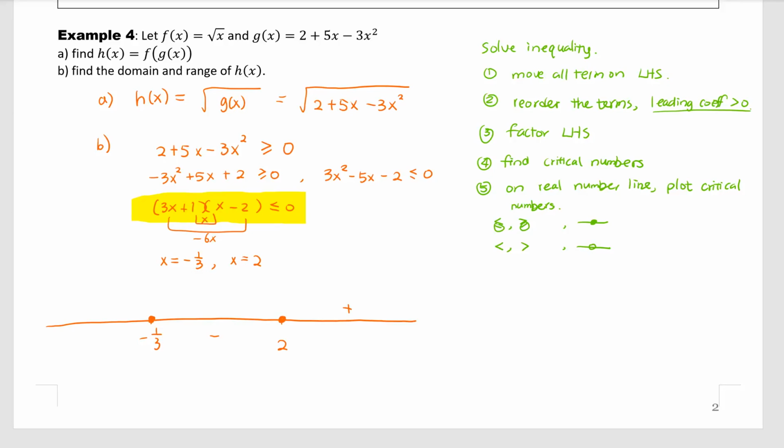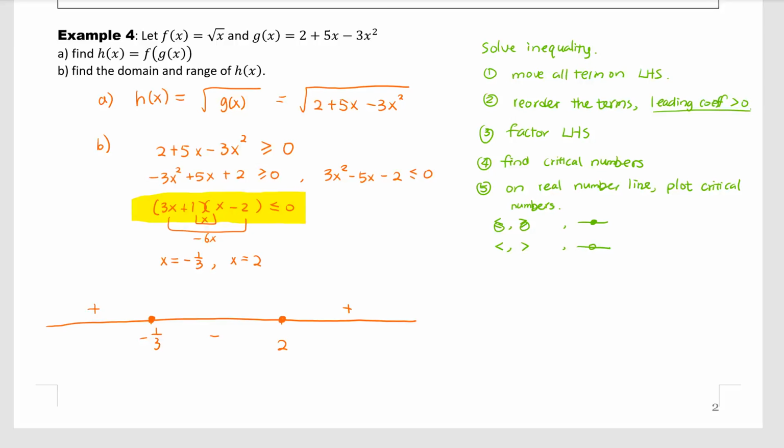We can plug in minus 1, then minus 3 plus 1, negative 2, minus 1 minus 2, negative 3. So negative times negative gives us positive. So this is method 1, okay? You can pick a number from each of the subintervals and then plug into the factored form of the inequality to see the sign.